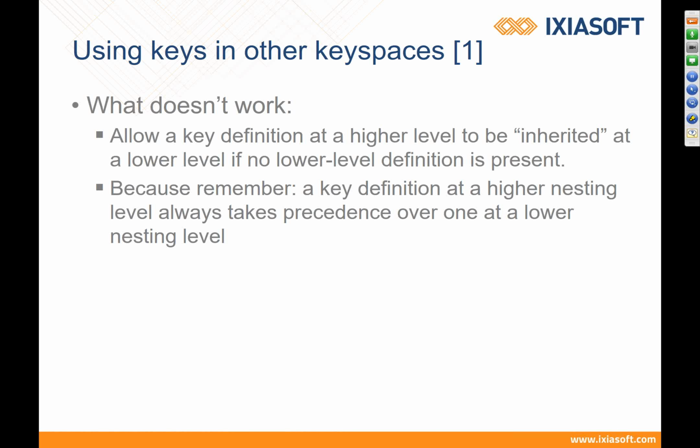Here's what doesn't work. What doesn't work is to allow a key definition at a higher level to be inherited at a lower level if no lower level definition is present. So you might be thinking, okay, I know that some topics in these different submaps use the product name key, and I'm not sure that the product name key is defined in those other maps.